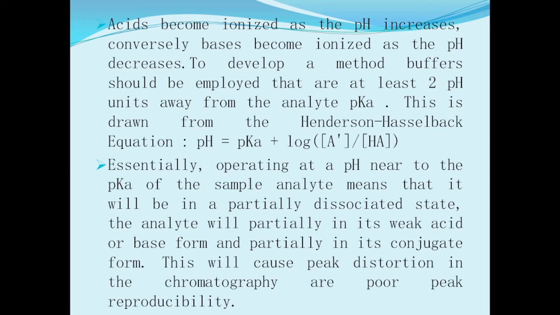Once a buffer range and type are identified, the proper concentration must be used. Ideally, unless using the buffer as an ion pair reagent, the buffer should have negligible effect on the overall separation and retention of your sample analytes.